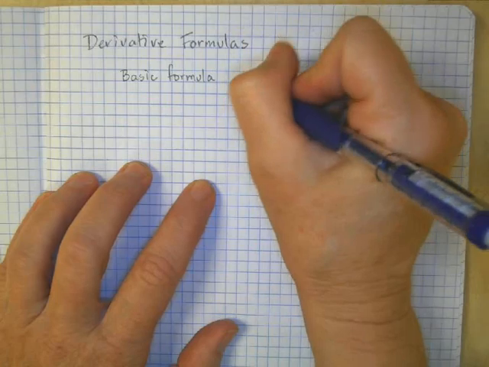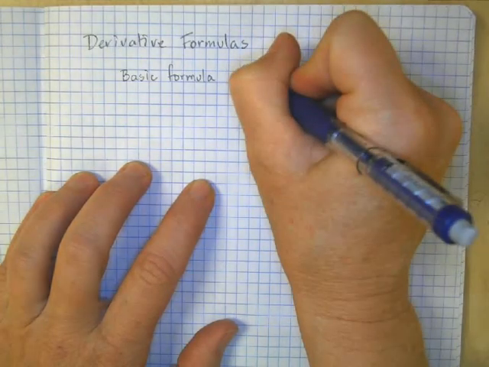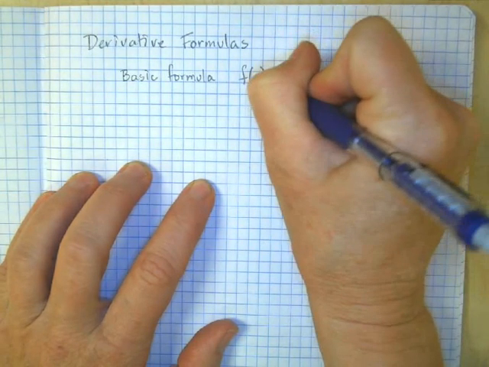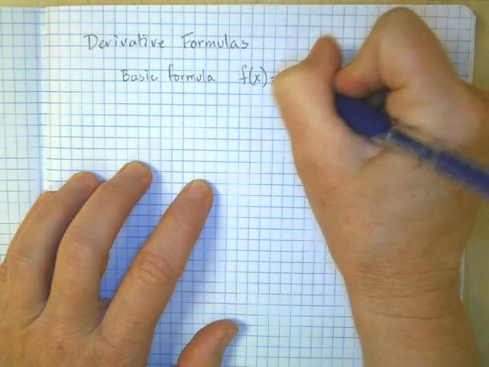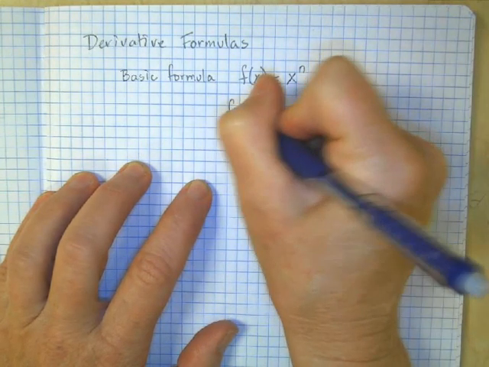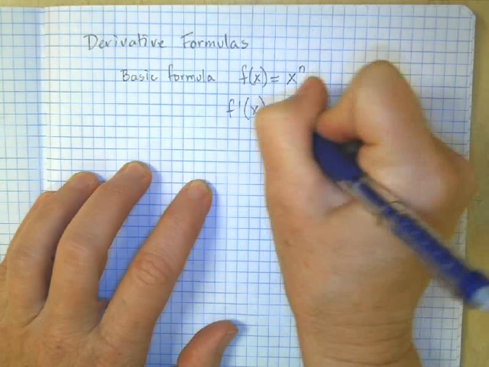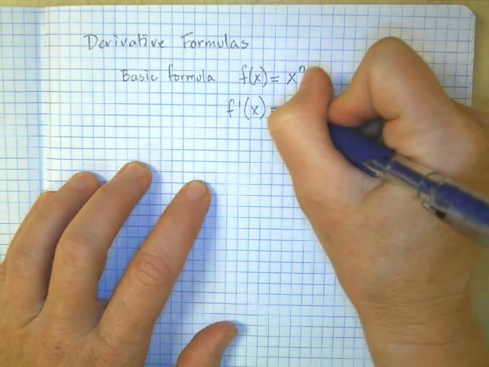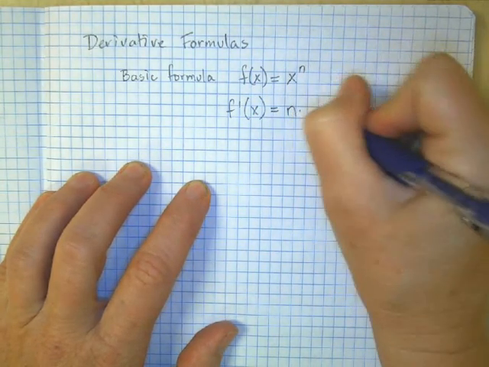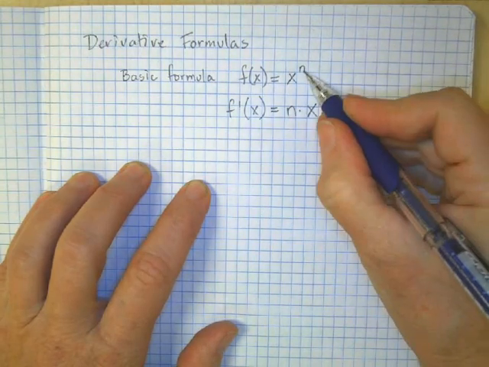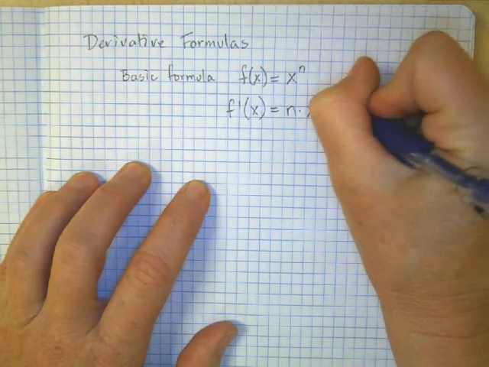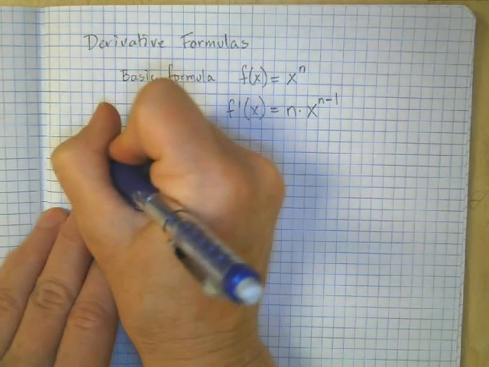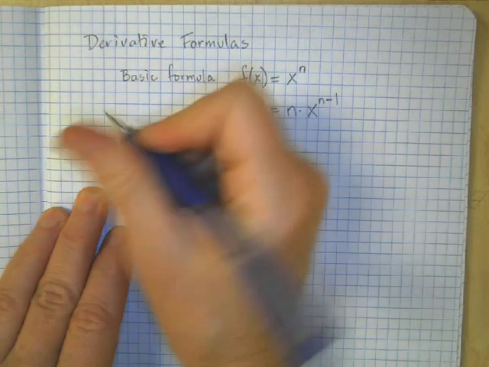So the formula is, if f of x equals x to the n, then the derivative is equal to, you bring the exponent down in front and times that by x, and you subtract 1 from the exponent. Okay, so there's the formula. So very simple. A couple of examples on that.